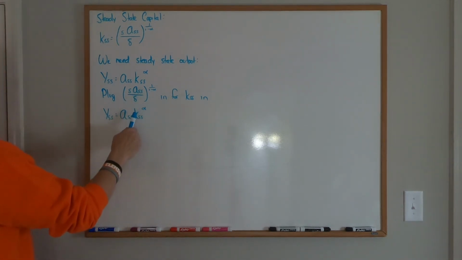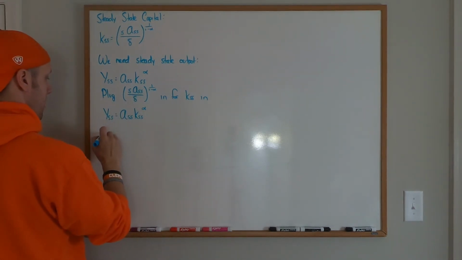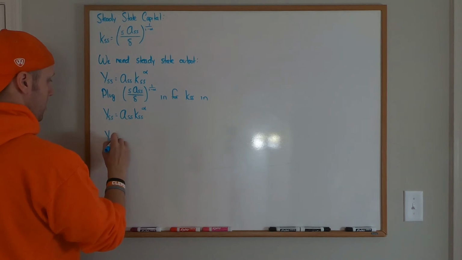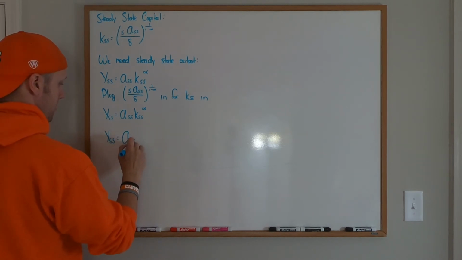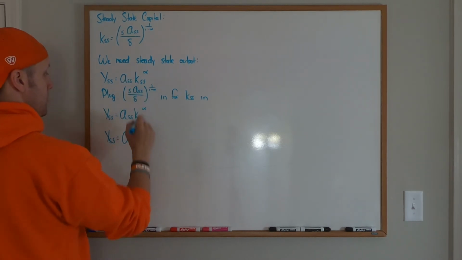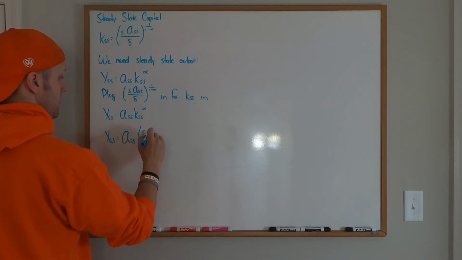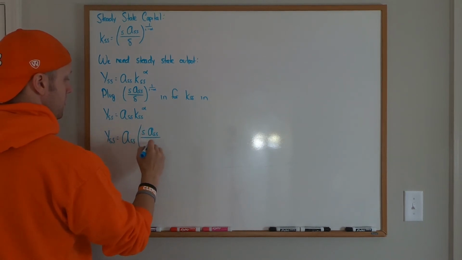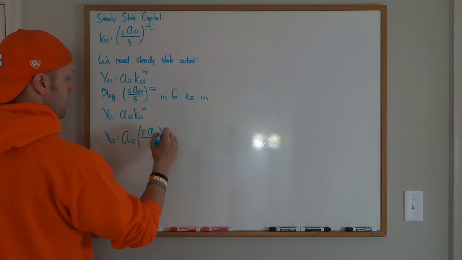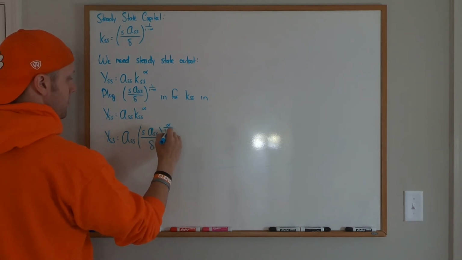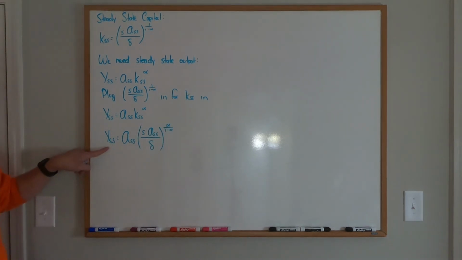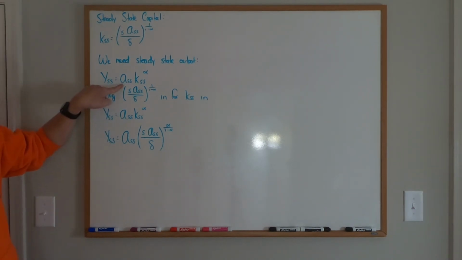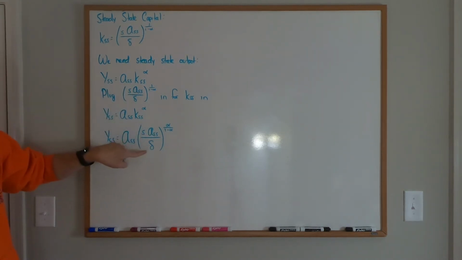So I just plug this guy in here, and what it gives me is this. Steady state output is equal to A, because A was right here, times steady state capital, KSS, which is equal to S times A over delta.